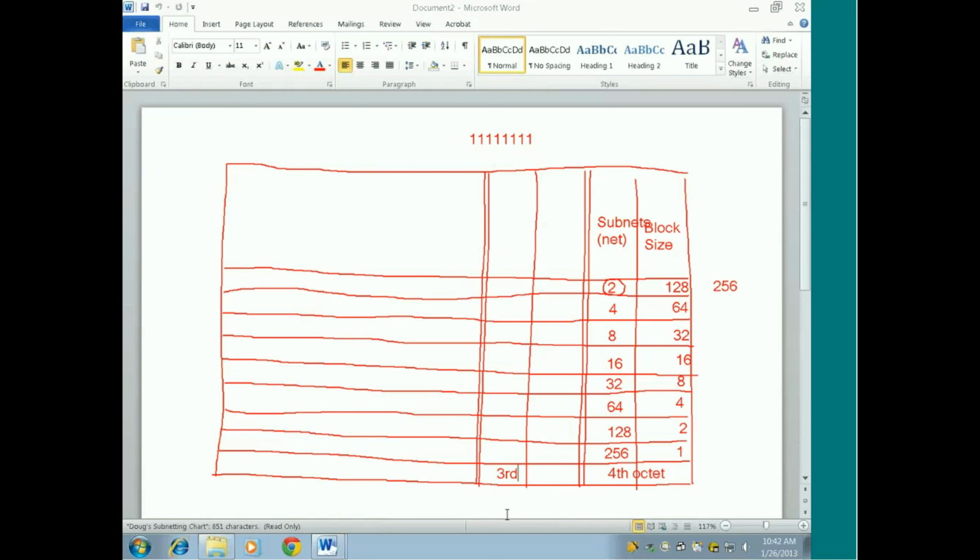Let's move over to the 3rd octet. What's this column called? Block size. For the 3rd octet, here are my block sizes.